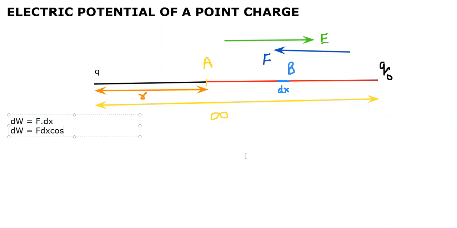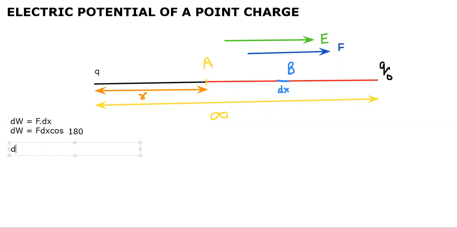So I will change the direction over here. That was the direction of displacement. The force between these two is repulsive in nature, that is this. Displacement is opposite to the force, so the angle becomes 180 degrees. F dx cos 180. Cos 180 is minus 1, so dW comes out as minus F dx.